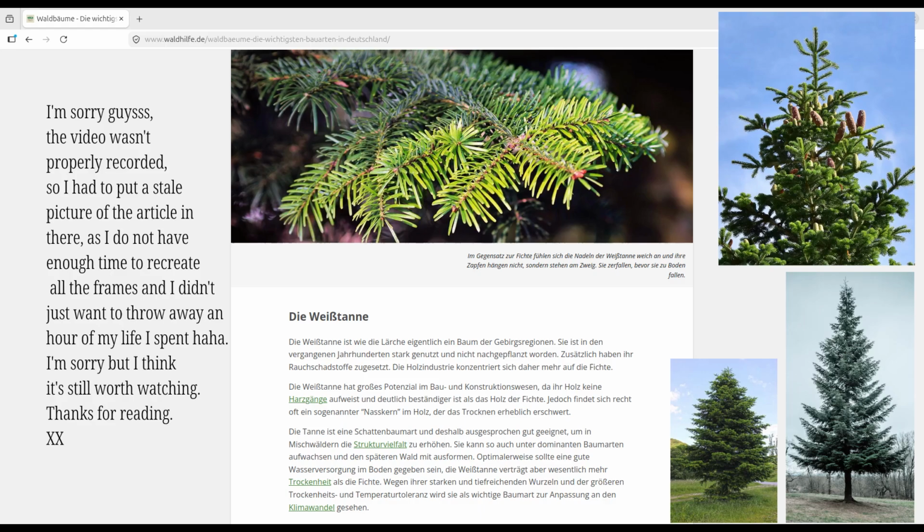Sie ist in den vergangenen Jahrhunderten stark genutzt. So in the past centuries, Jahrhunderten. Vergangenen, you have to be careful, not vergangen, vergangenen. Jahrhunderten, the centuries, this derives from the word Jahr, which means year. Hundert, so this is very clear in German, which means 100.